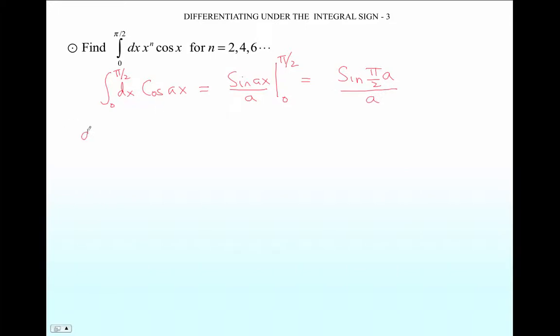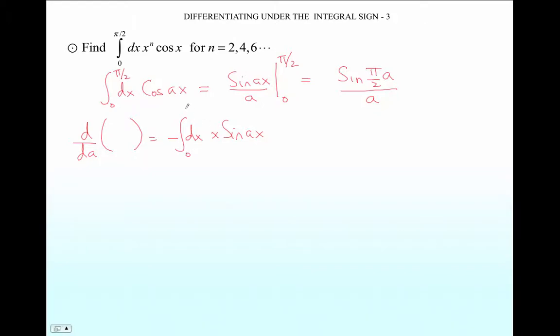Now let me differentiate the left side with respect to a. When I do that, the d by da goes and hits the cosine of ax, and when you differentiate cosine, you get minus sine, so minus x sine ax. You remember that I'm differentiating with respect to a, and so it is the x that comes out.